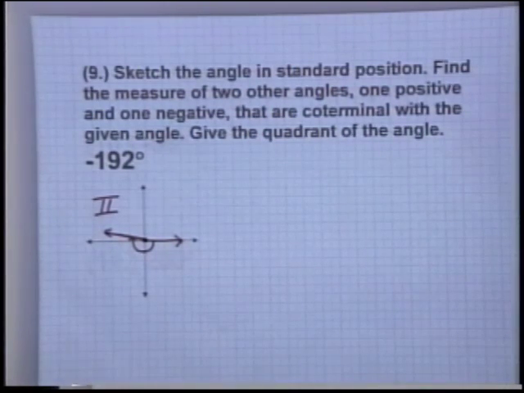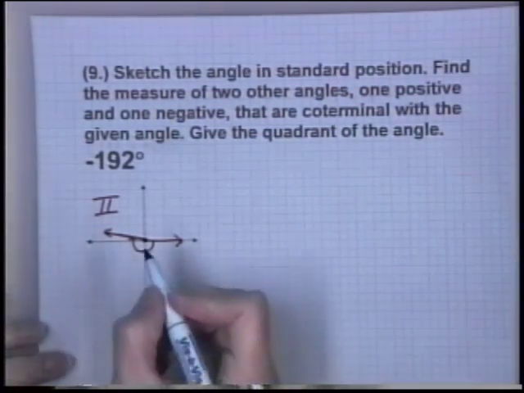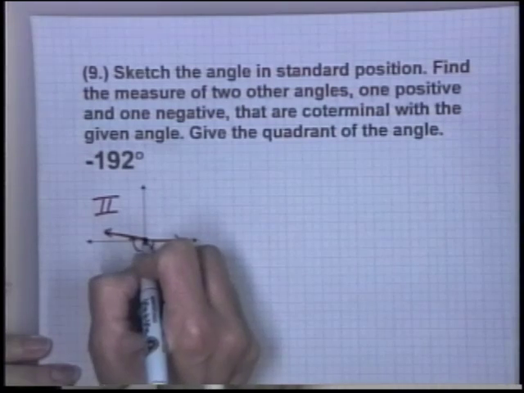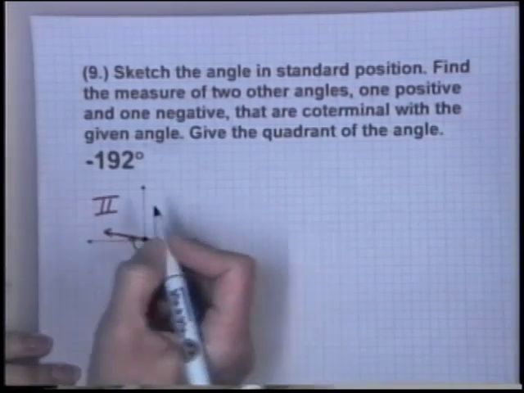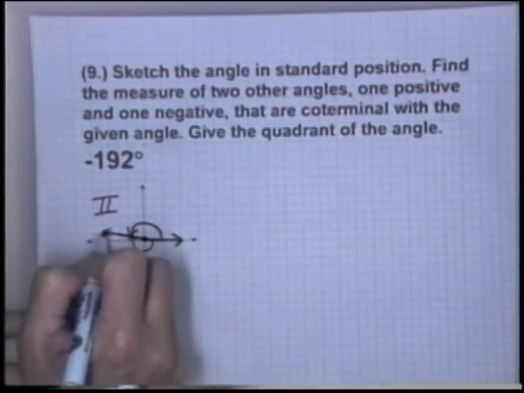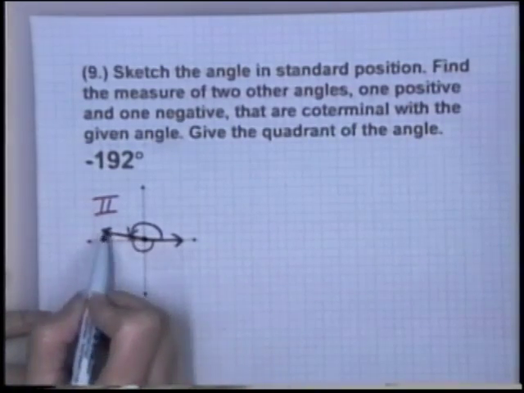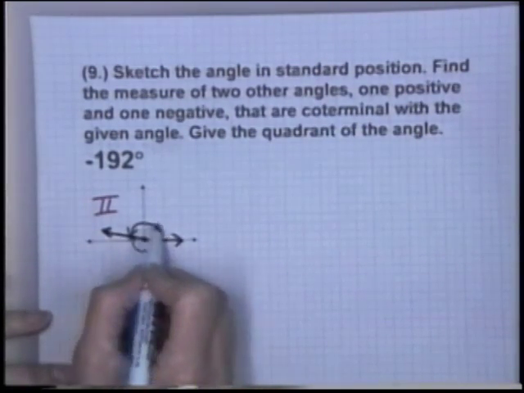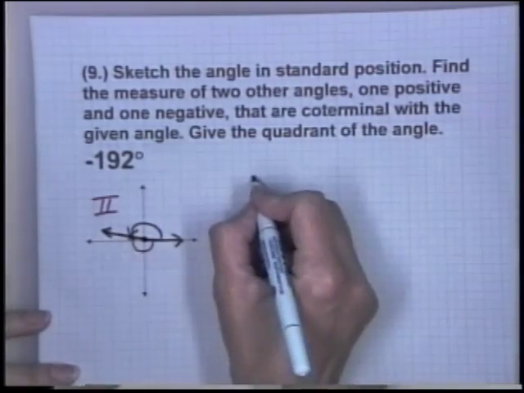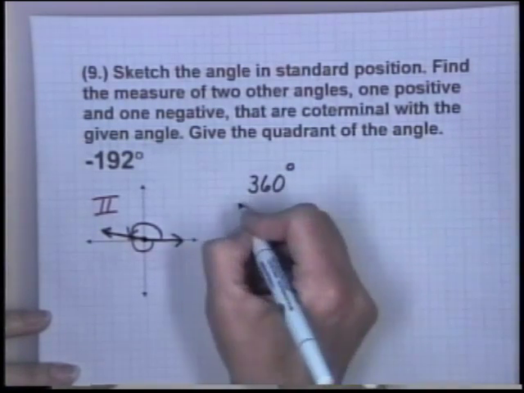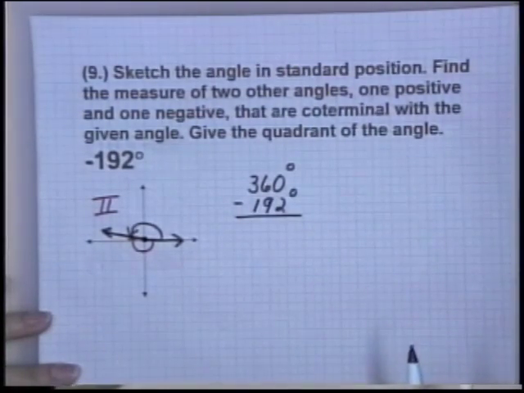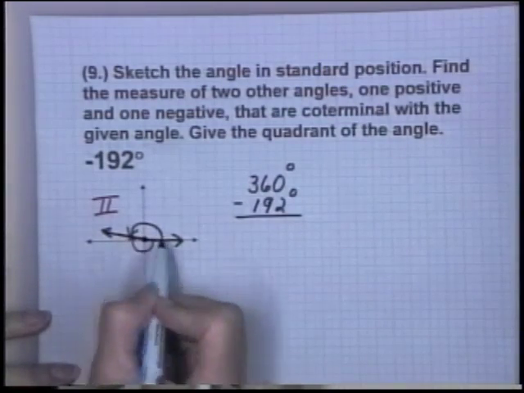Now, let's find two other coterminal angles. First, I'll find a positive angle. Initial side, my positive angle would rotate in that counterclockwise direction and would have that same terminal side. I just need to figure out how many degrees this is. Well, if I went 192 degrees that way, what I can do is to subtract 192 degrees from 360 degrees to determine the measure of this angle.